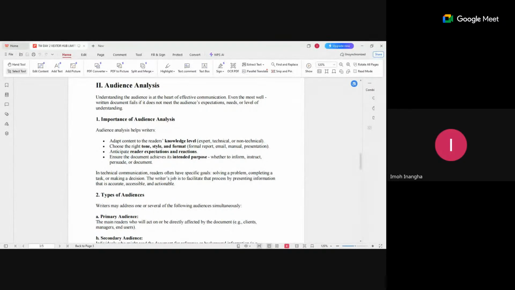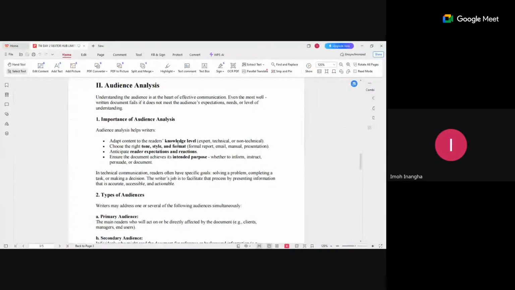Now let's continue. Importance of audience analysis. Audience analysis helps writers adapt content to the readers' knowledge level, that is experts, technical or non-technical.